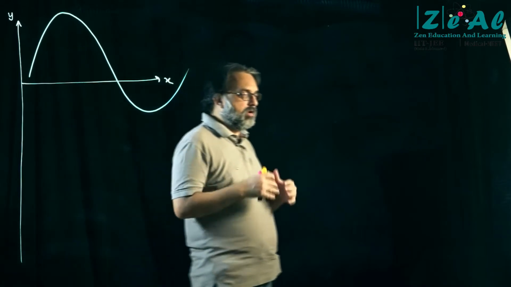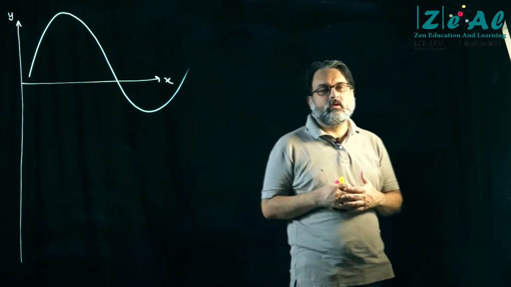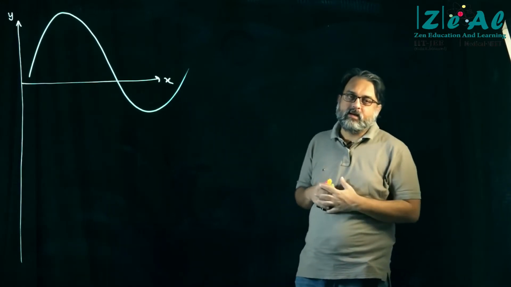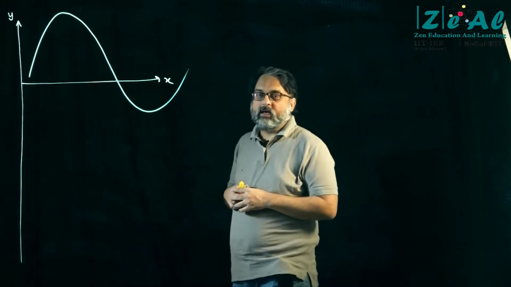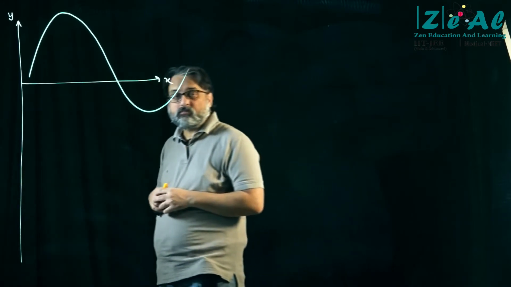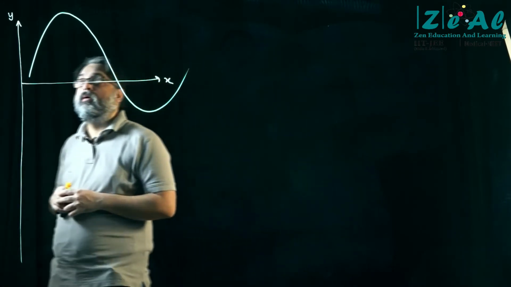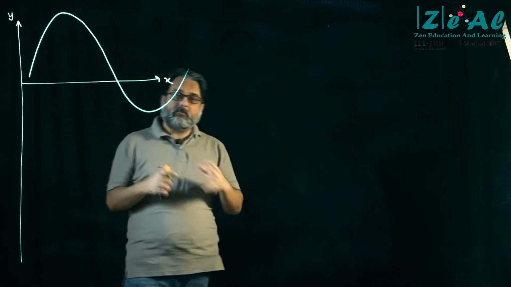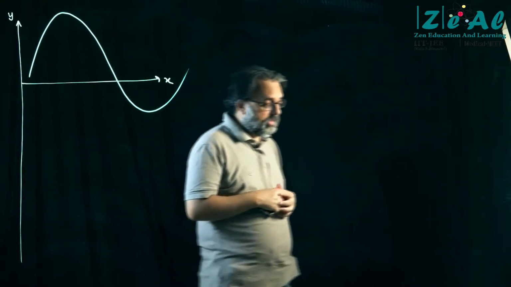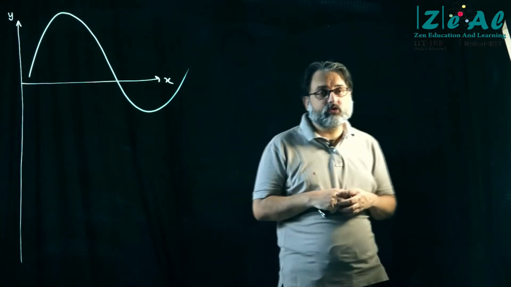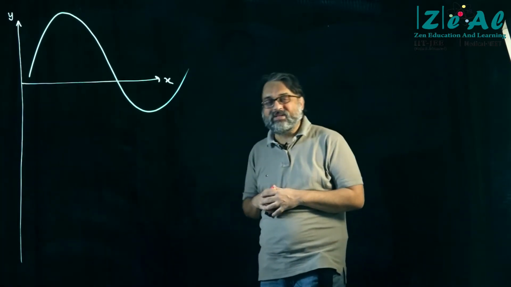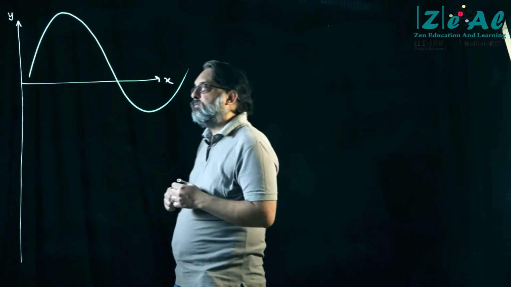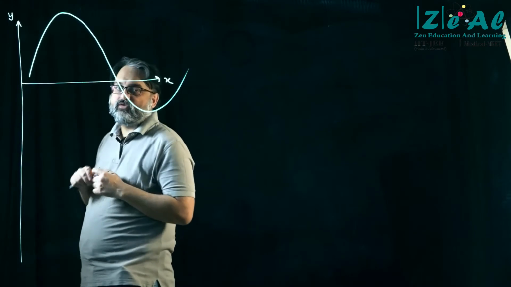So अभी we are not bothered with what physical quantity x and y is, but we must keep in mind that ultimately x and y are going to be some physical quantities. So let's call it the most obvious piece of information that is conveyed by this graph is the values of y at different values of x.